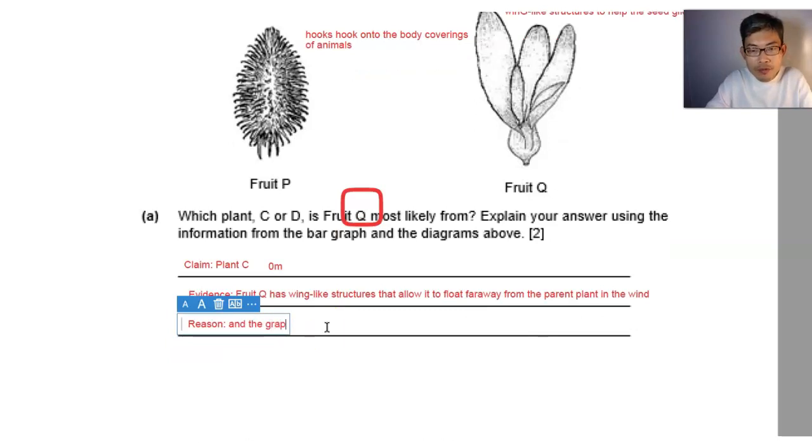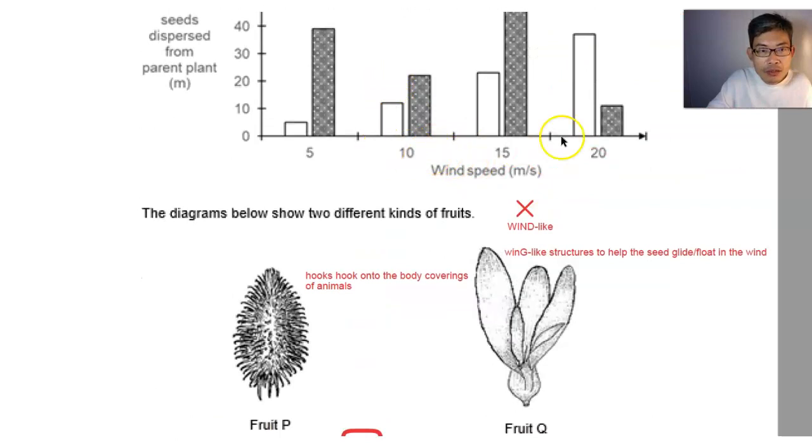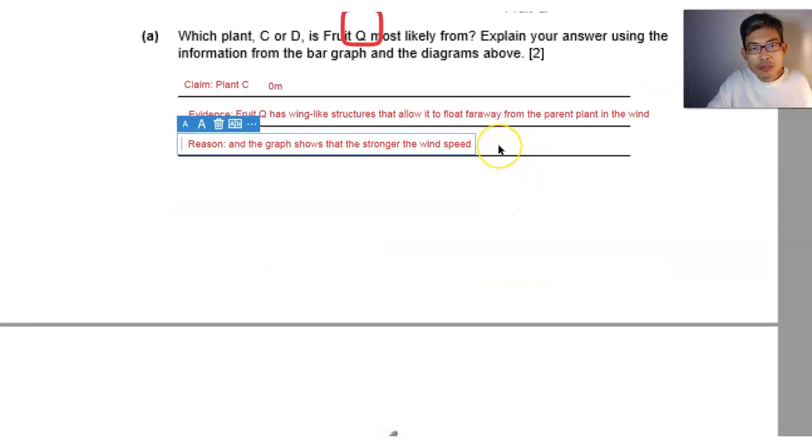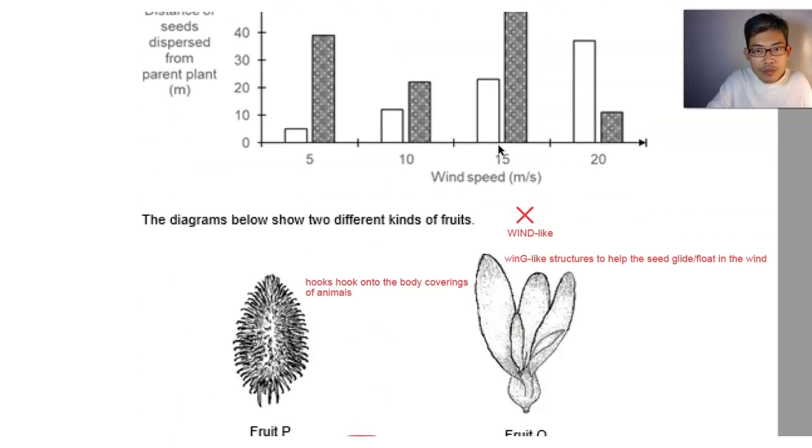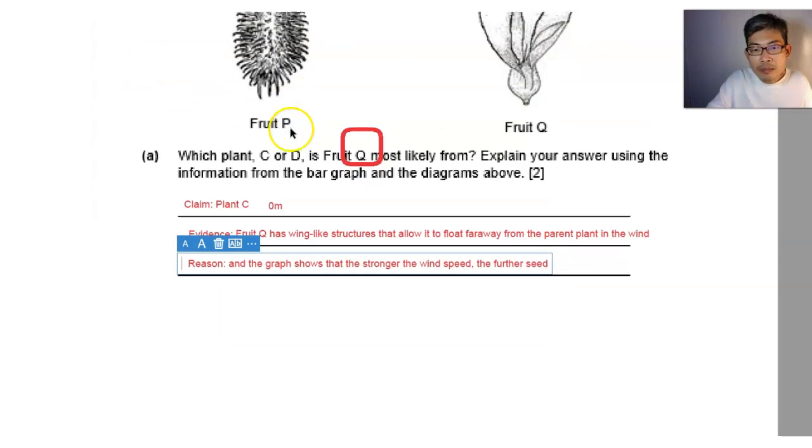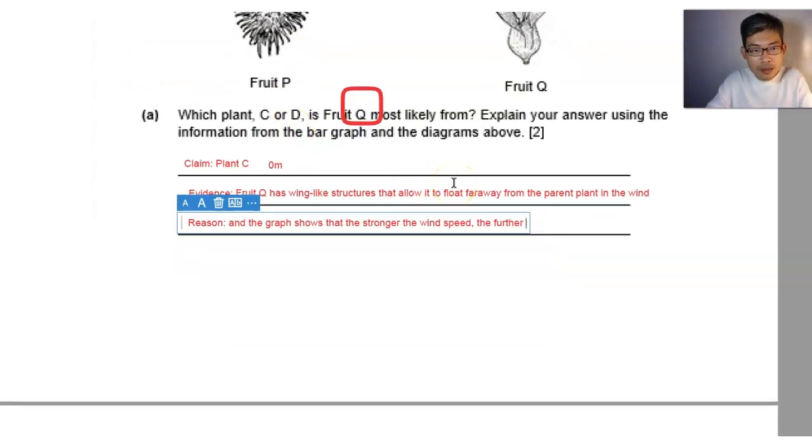The graph shows that the stronger or larger the wind speed, the further the seeds are dispersed from the parent plant.